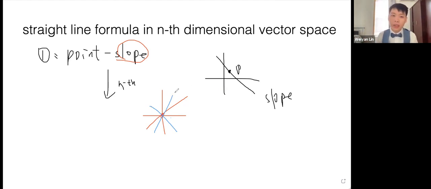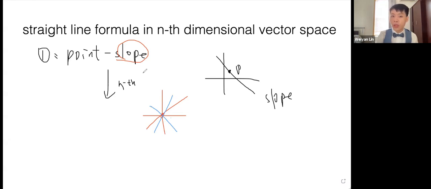So it doesn't really make sense. Also, when you talk about slope, is it with regard to the XY plane, the YZ plane, or the XZ plane?